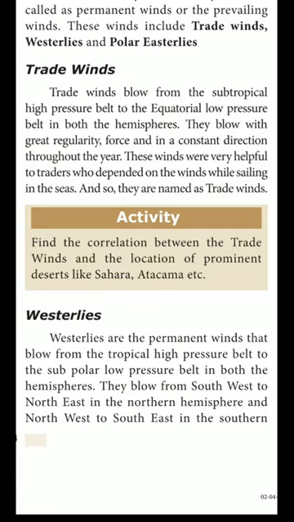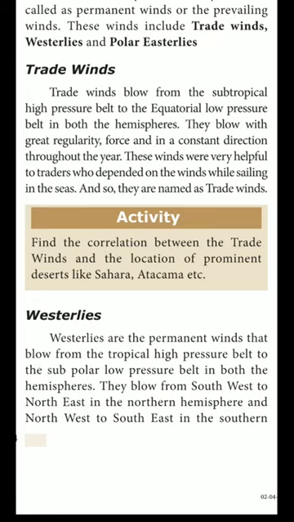The westerlies are the permanent wind that blow from the tropical high pressure belt to the subpolar low pressure belt in both the hemisphere. They blow from southwest to northeast in the northern hemisphere and northwest to southeast in the southern hemisphere.